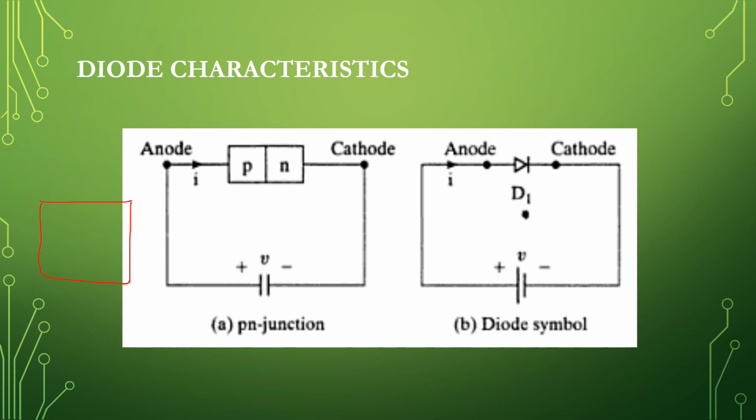So we have P plus, then one more layer which is N minus, the drift region, and this is the N plus region. The high reverse voltage which it can block is achieved by this N minus drift layer.